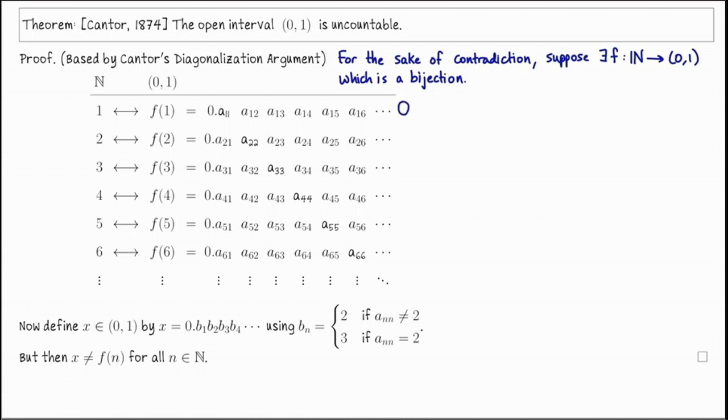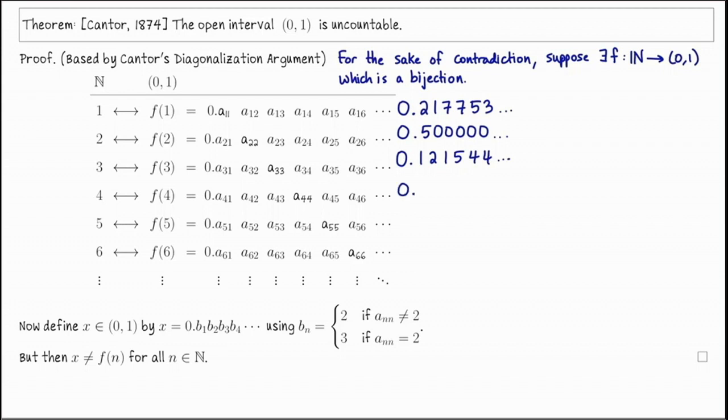So let's say the first one is 0.217753... Let's say the second number is just a half, so that would be like 0.500000. That's 5 digits, I need 6. Let's say the third number is 0.121544, etc., etc.